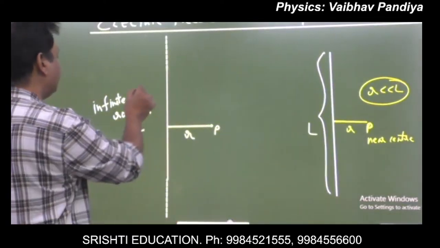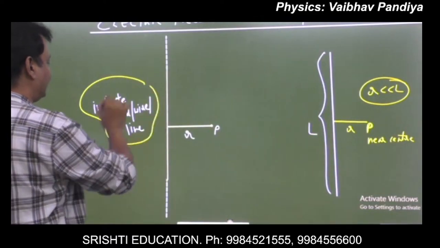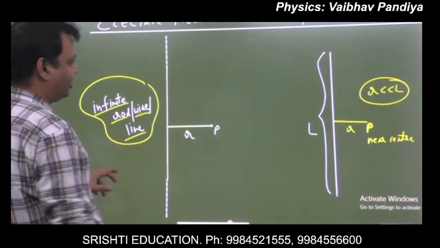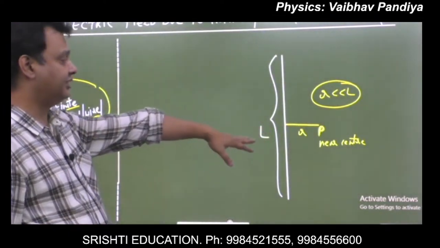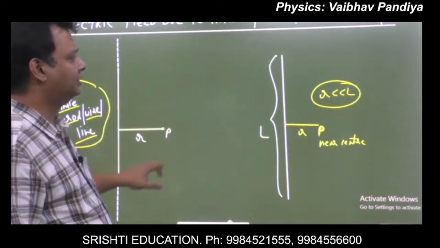So either you can be given the language infinite rod or wire or line, or you can be given the language like this: we have a point near the center, and R is much less than the length of the rod.